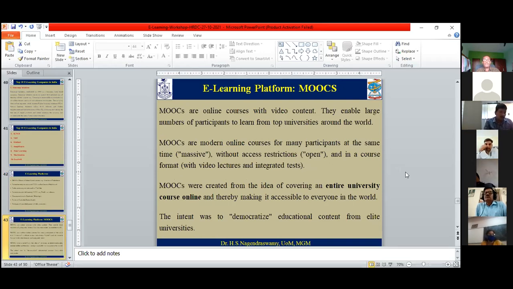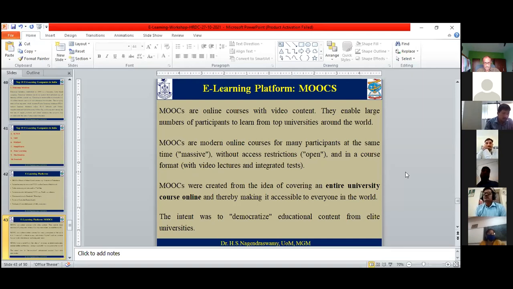And when it comes to e-learning platforms, particularly the MOOCs, because the theme of this workshop is MOOCs, online and open sources, I just want to share a few points. MOOCs are online courses with video content. They enable a large number of participants to learn from top universities around the world.